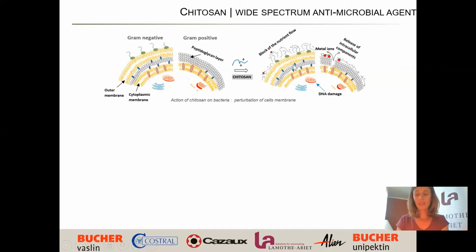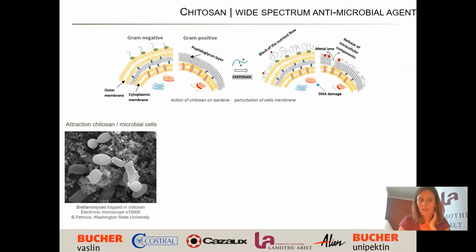The bacteria can't really be active or be healthy, and it's going to die since it can't eat anymore and the whole metabolism is interrupted. Also, as a second step, especially on the gram-positive, it's going to completely break down the membrane, so we will end up with a leakage of the cell.